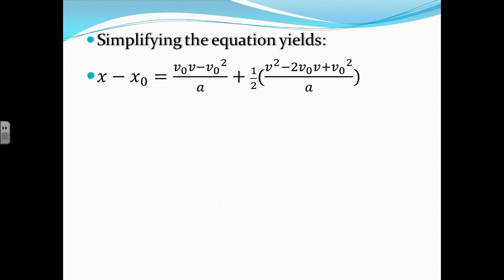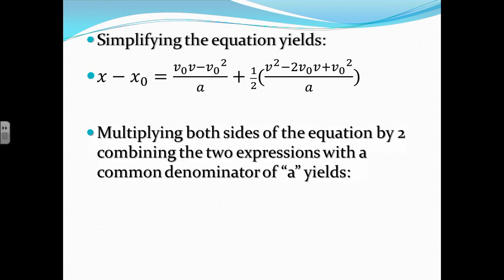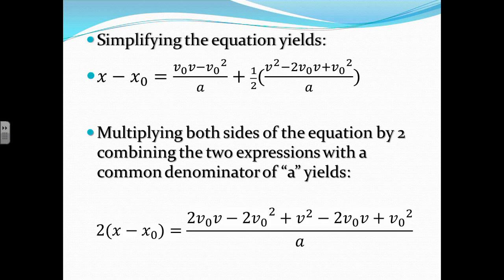Now this equation does not allow us to simplify yet, because we have a couple things here. First, we do not have a common denominator on our two terms on the right, and we want to get that to be just a. So we'll multiply both sides of this equation by 2 in order to eliminate that 1/2. That'll allow us to combine these two terms, so that we can write the right-hand side of the equation as one term all divided by a.